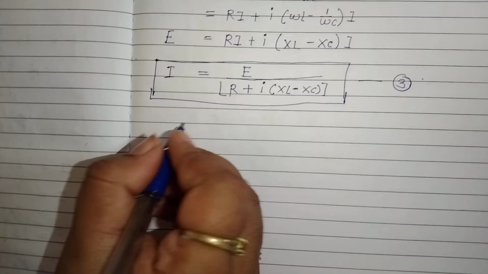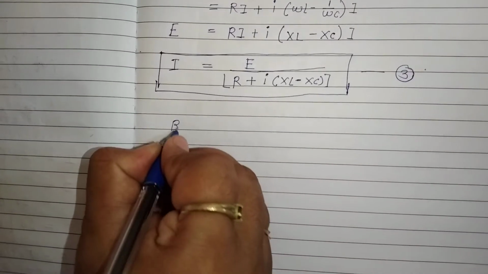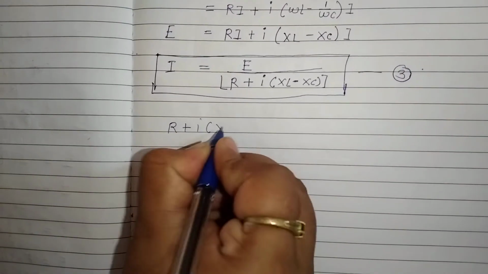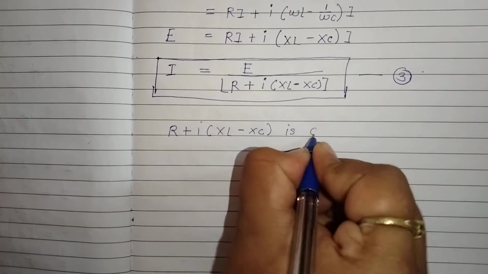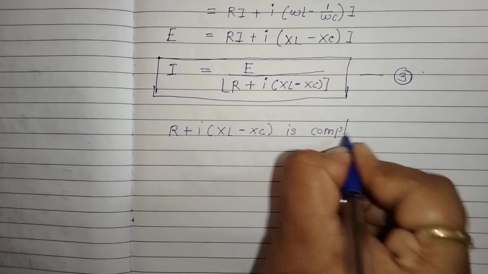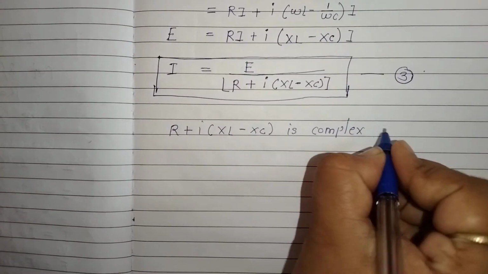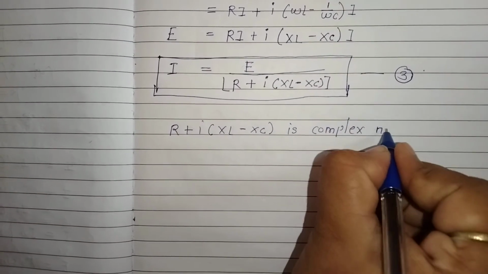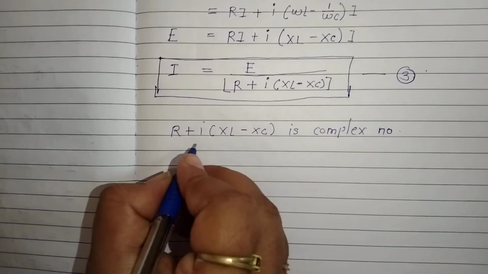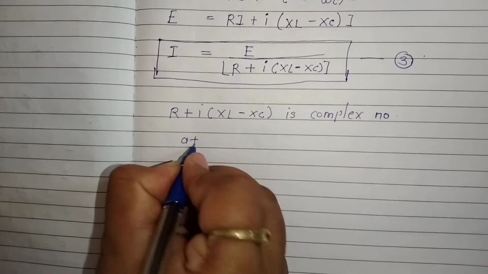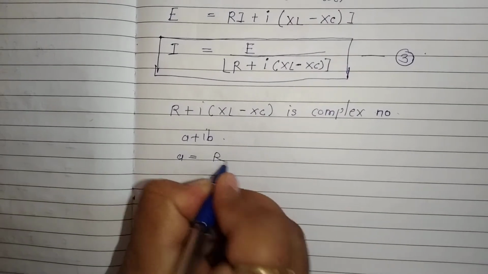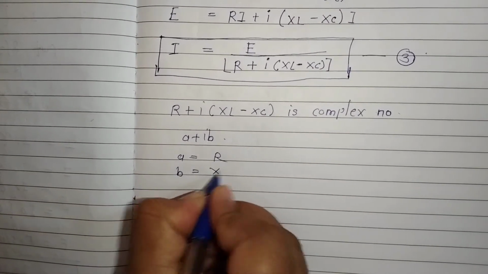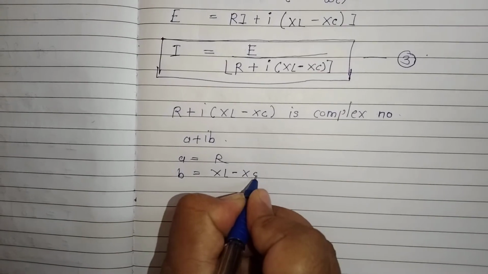In the above equation, the term R plus i XL minus XC is a complex number. We know a complex number is of the form A plus iB, where A equals R and B equals XL minus XC.